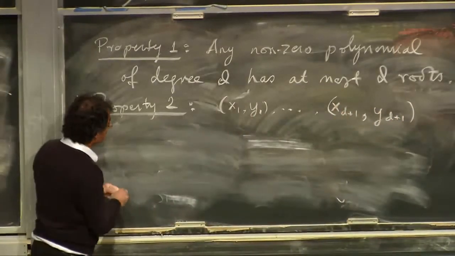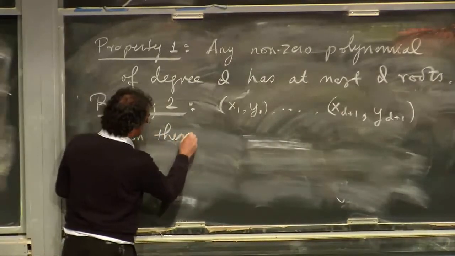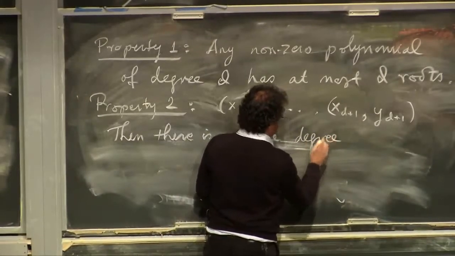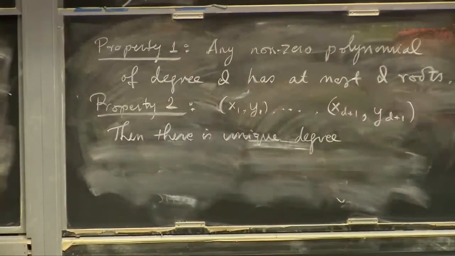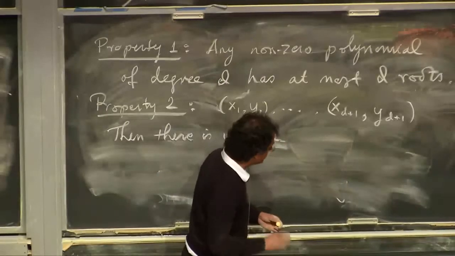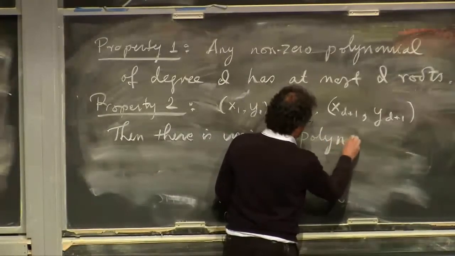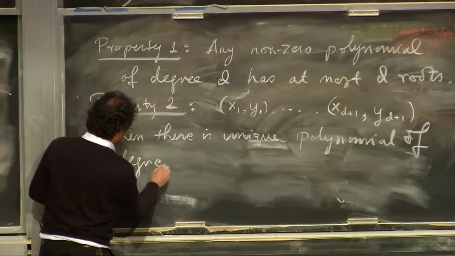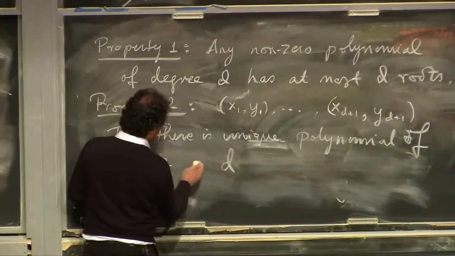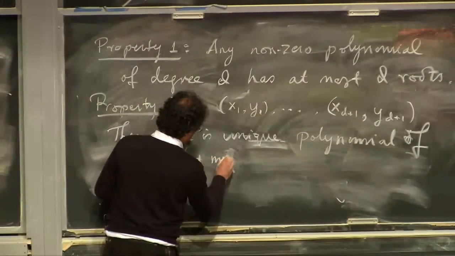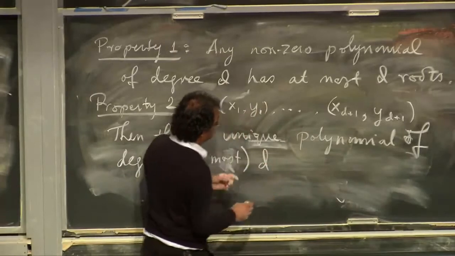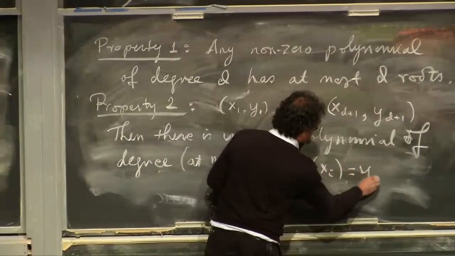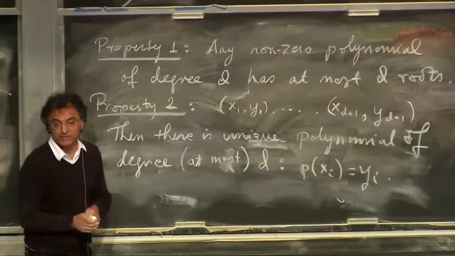Then there's a unique polynomial of degree, well, at most d, which goes through these points, such that p of x sub i equals y sub i, for i equal to 1 to d plus 1.